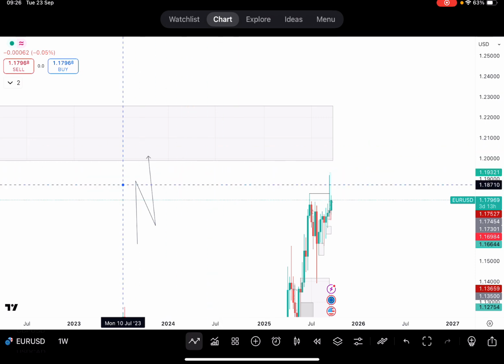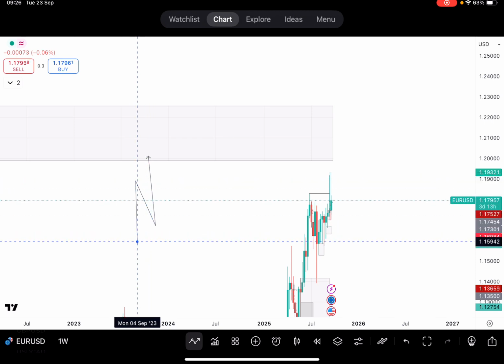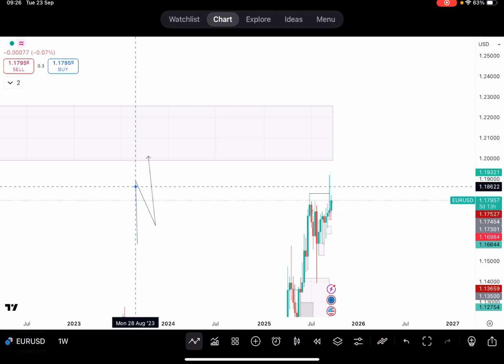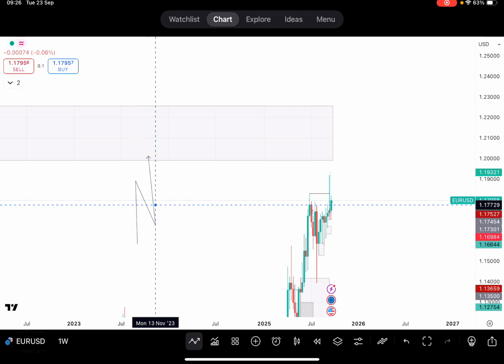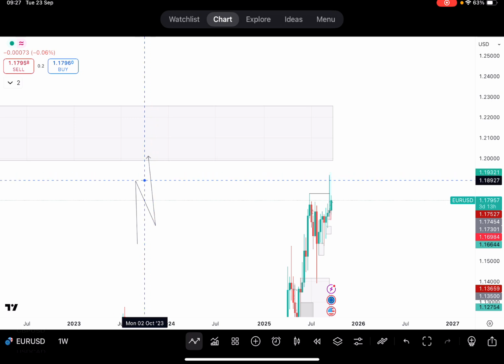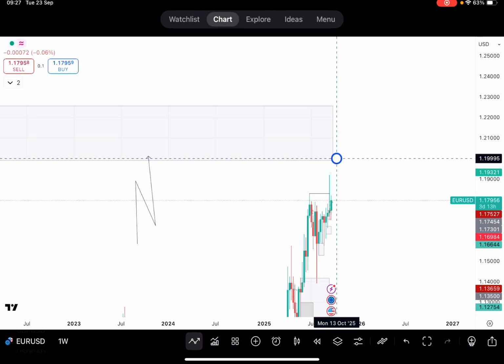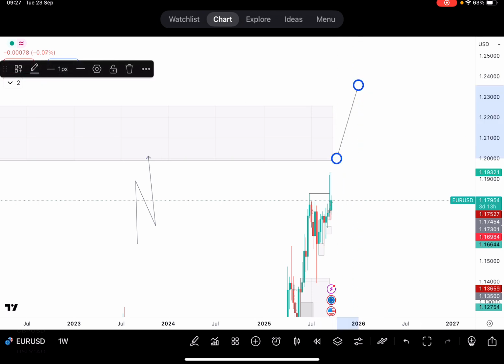So this is a break of structure here. This, because this is the lower low, lower high, lower low, lower high. I really don't want to go into that for today. So that's a break of structure. So just know it. Higher lows, break of structure, retracement, whatever it is. Note that.